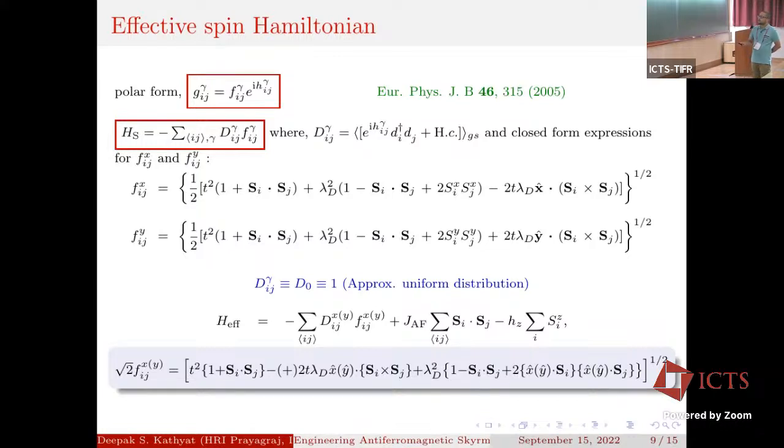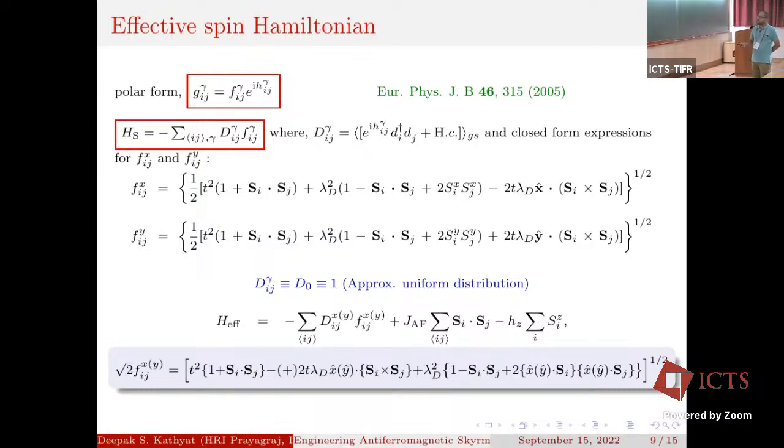We worked out this calculation and found the final expression for Fij along the x and y directions looks like this, where the isotropic Heisenberg term, the DM-like interaction term, and the Kitaev-like term occur naturally in this Hamiltonian. But the coupling constants are in general not uniform.